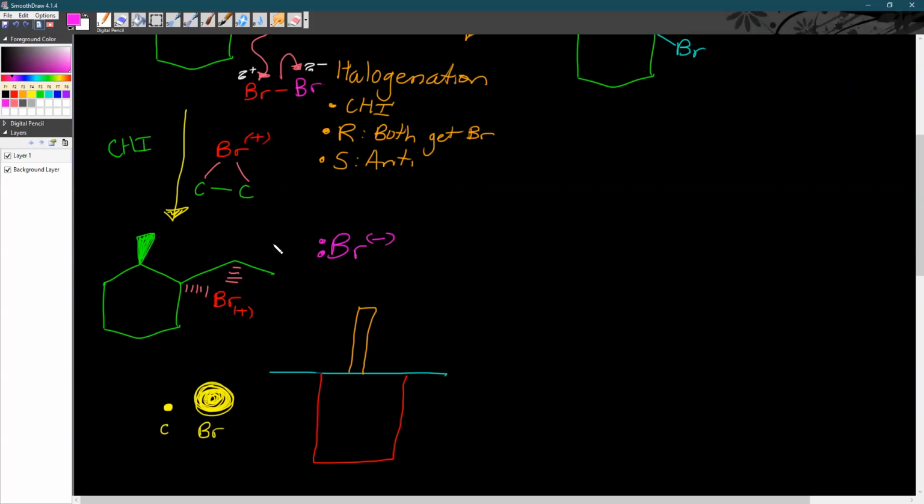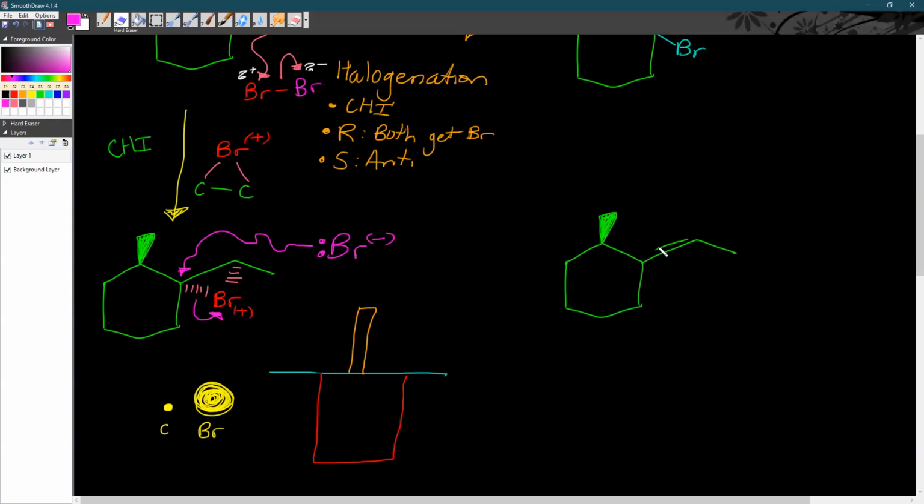And based on our knowledge from last time, we know that it's going to attack the more substituted side of the double bond, which is going to relieve this bond between the more substituted carbon and our cyclic bromonium ion. And what comes out of this is going to be our bromine that's attached.